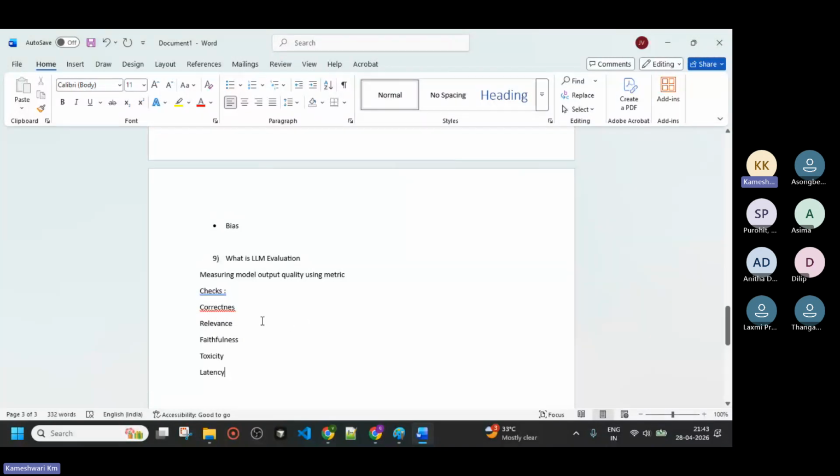So these are the metrics, or else you can use deep evaluation frameworks. The same can be kept as metrics for LLM evaluation.